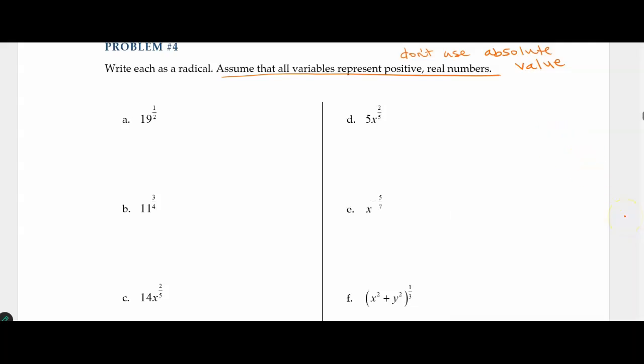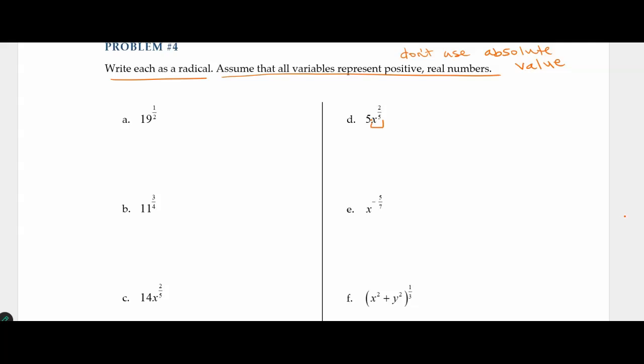All right, but let's look at this, because this is where sometimes it gets a little tricky for people. Remember, like this 5 is saying 5 times x to the 2/5 power. Well, just the x is being raised to that power. And also, this one's just saying write them as a radical. It's not telling us to simplify anything on here, just to rewrite them.